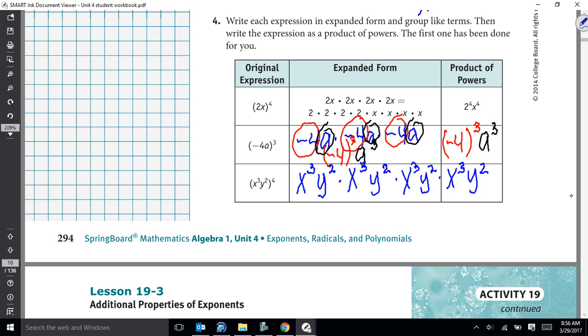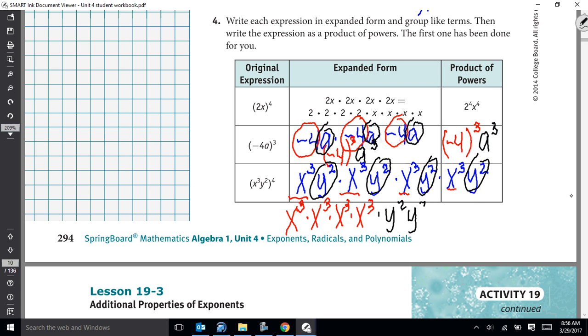All right, but now what? All right, we can group. So I have x cubed, and I have my y squares. All right, so now how can I write that?